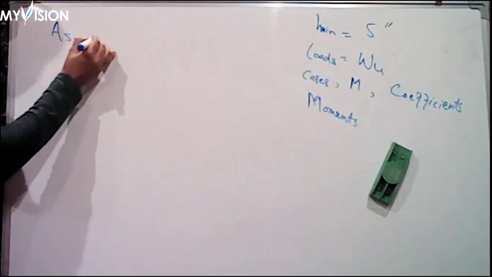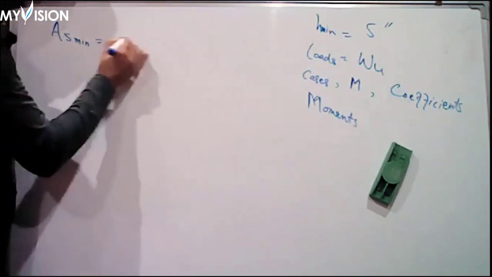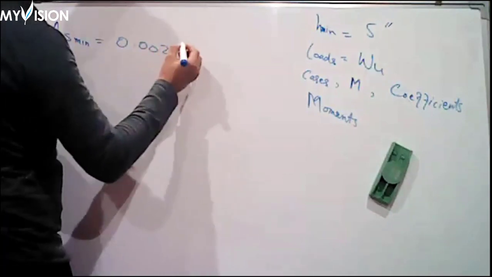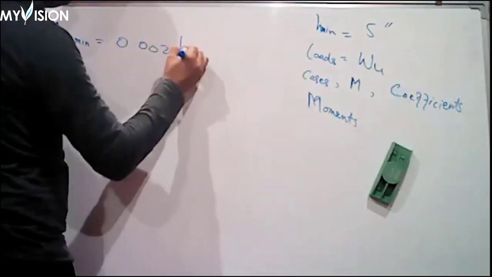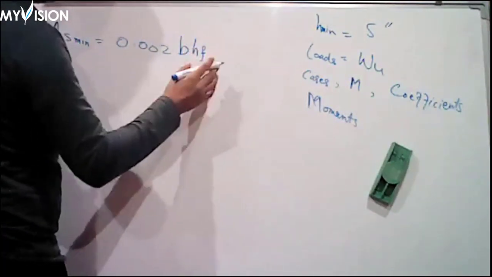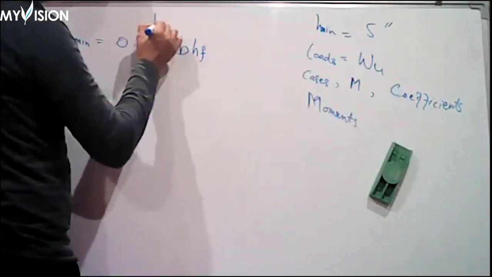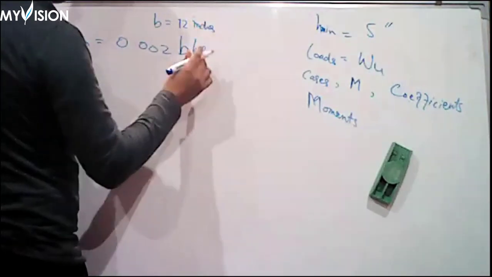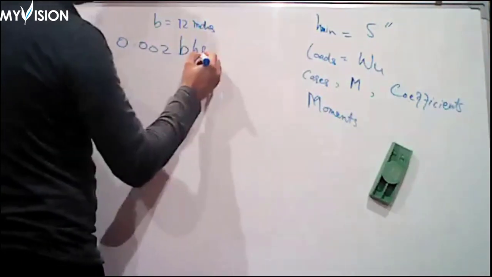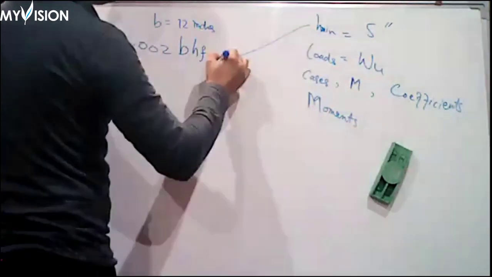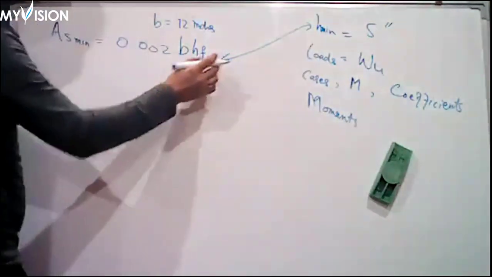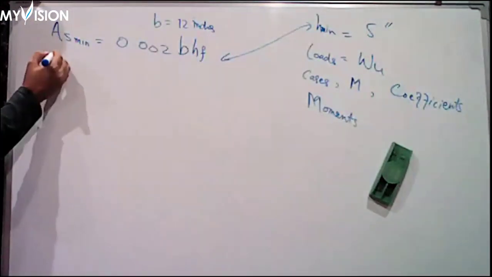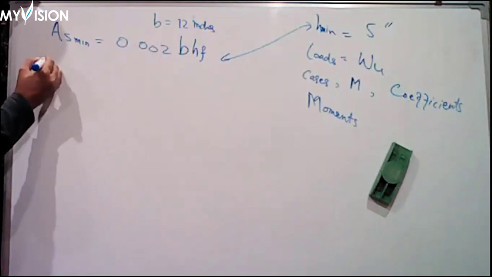AS minimum can be calculated as 0.02 BHF. B will always be equal to 12 inches, and HF or H, which is available, is 5 inch.